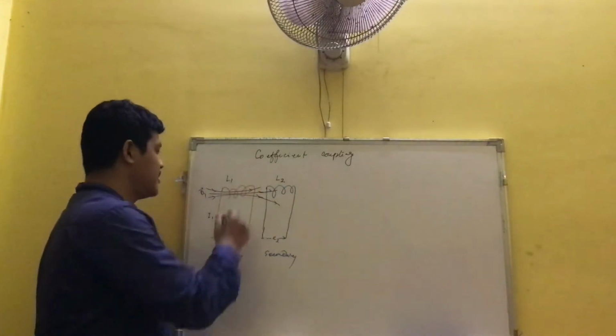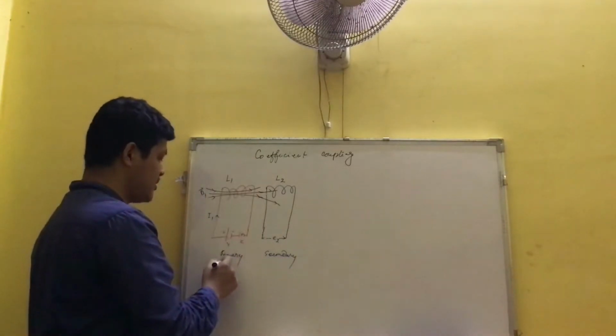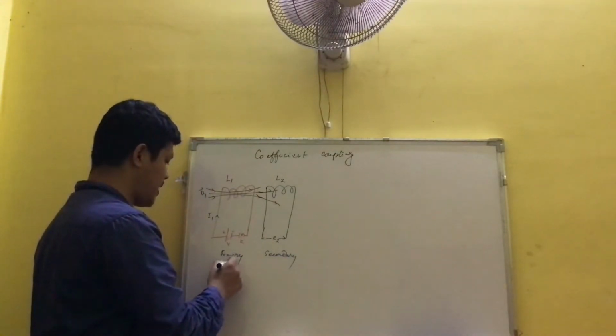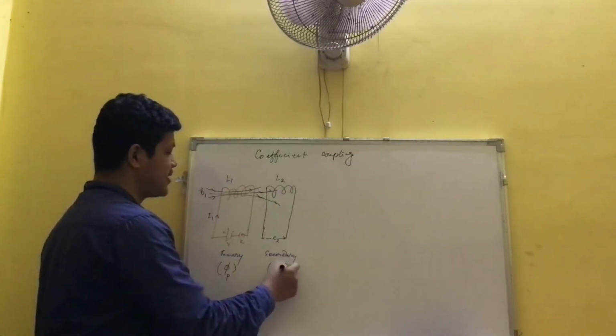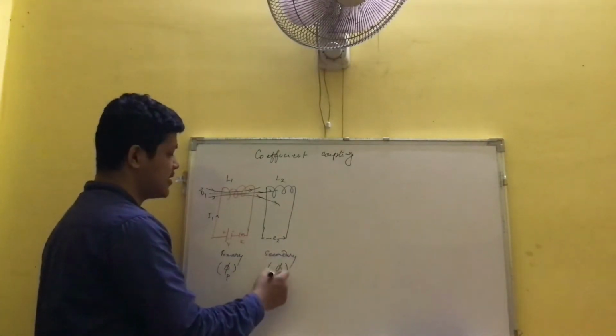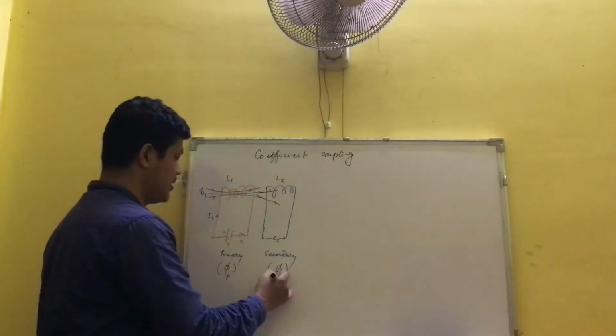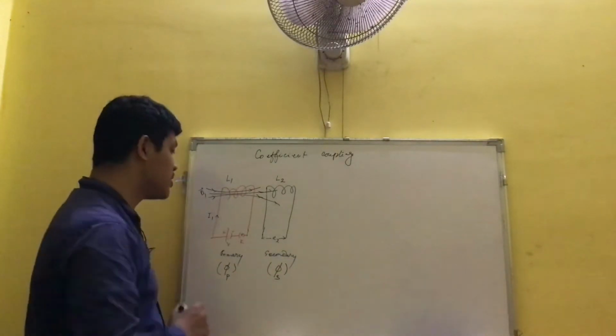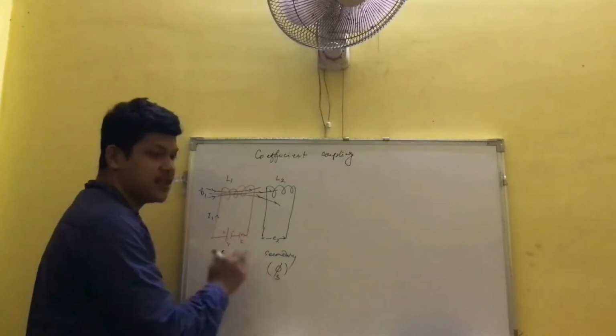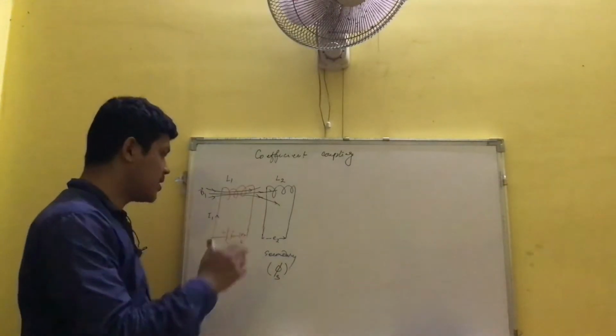The flux linked with the primary circuit is suppose phi p, and the flux linked with the secondary coil is suppose phi s. Then the coupling coefficient is the ratio of these two. That is the coupling coefficient.